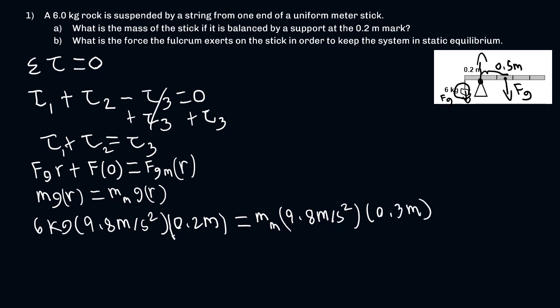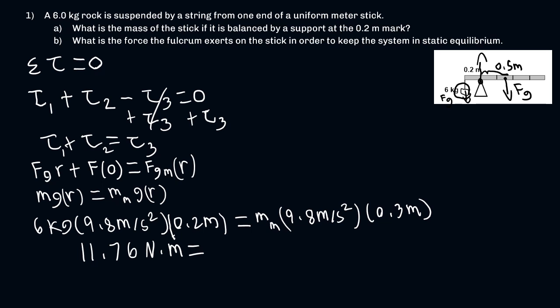All right, so the only thing I should be missing here now is my mass of the meter stick. So let's plug in all our calculations into the calculator, and we should end up with our mass of the meter stick. So 6 times 9.8 times 0.2, that is going to give me 11.76, and that is newtons times meters for a torque.